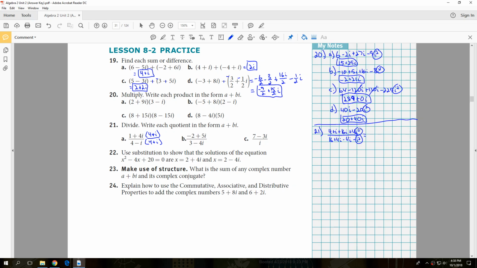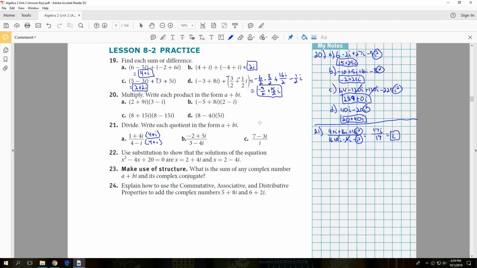So I have 4 minus 4, those are going to cancel, and then i plus 16i, so I have 17i divided by, and now the 4i and negative 4i are going to cancel, and negative i squared is going to be positive 1, because it's going to switch to a positive. Negative 1 times negative 1 is positive 1, so that's over 16 plus 1 is 17. So 17i over 17 is equal to i.